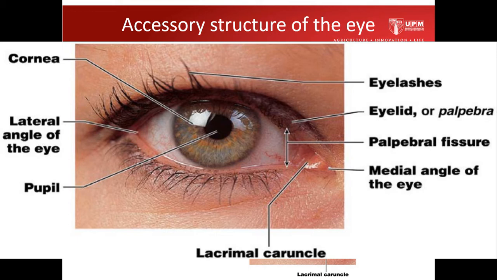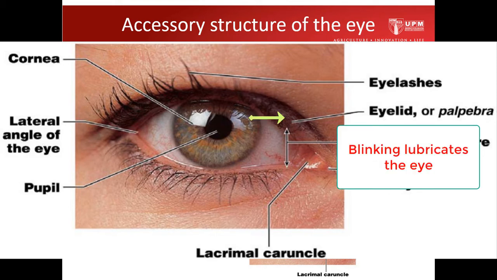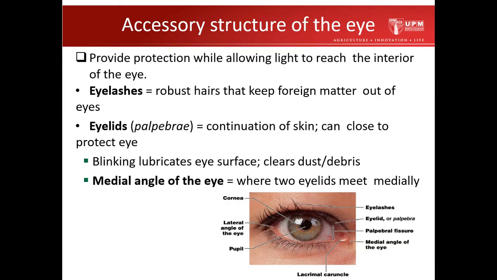And the eyelid, on the other hand, is actually a continuation of the skin. The continual blinking of your eyelid helps to keep the surface of the eye lubricated, and this also helps to remove dust and debris.